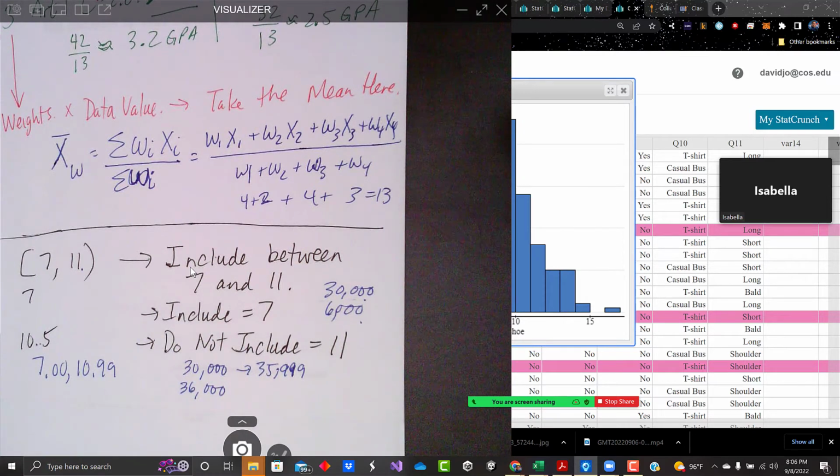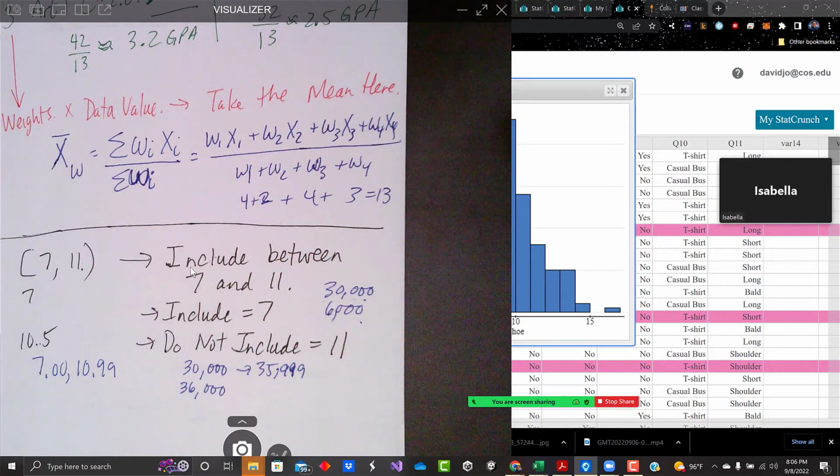The weighted mean is 3.3. And next Tuesday, we're doing 3.4 and 3.5. 3.4 is measures of position and outliers. We'll do the empirical rule again. And then we're going to do the 5-number summary and box plot for 3.5.